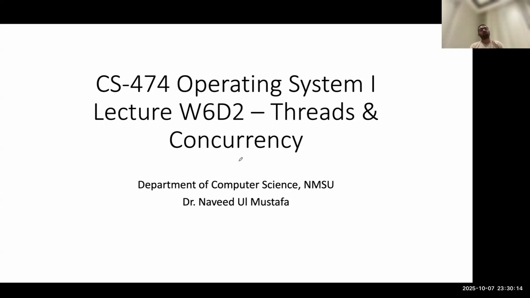Providing support for multi-threading basically means providing mechanisms to create threads and to do the context switching between threads. For example, if you have a process, let's say process A, and it has four threads, thread 1, thread 2, thread 3, and thread 4, and you have only one core.